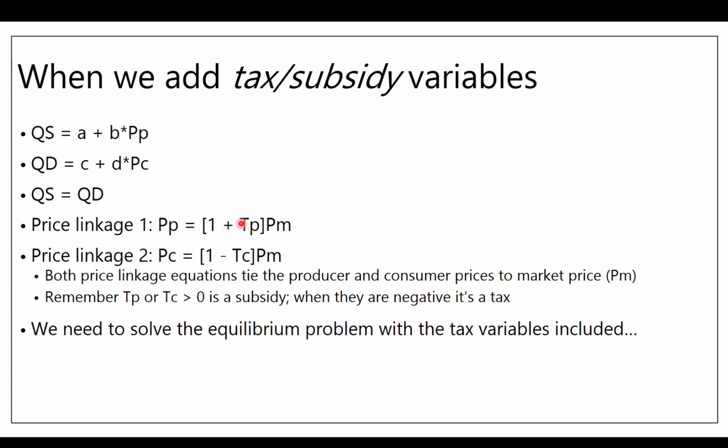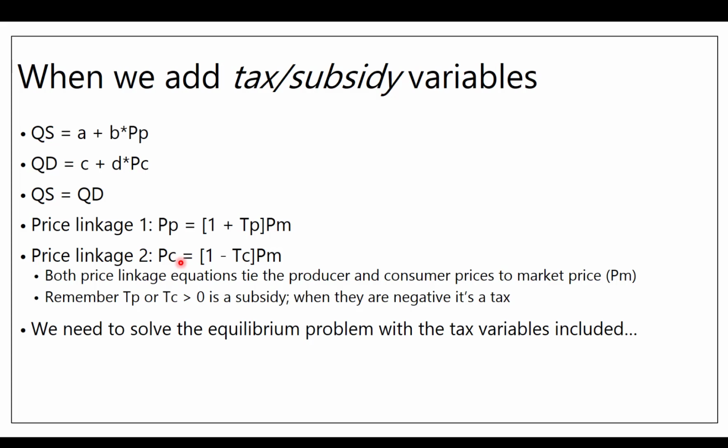This just says that the tax variable will be positive if it's a subsidy, and if you want producers to be subsidized, you make some small percentage or proportionate adjustment to the market price. So you want a 5% subsidy, it's 1 plus this value, which will be 0.05, and that guarantees whatever the market price is, the producer price will be 5% larger. If you want to subsidize consumers, you actually lower their price, right?